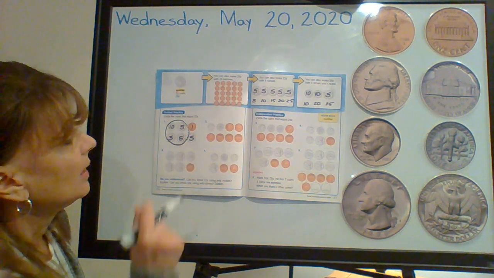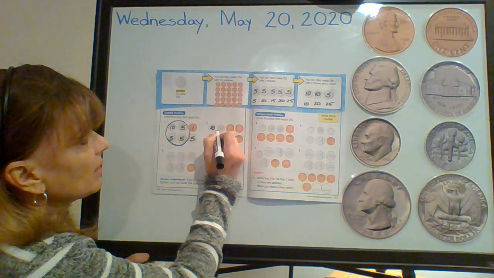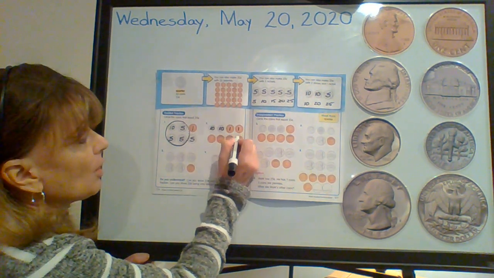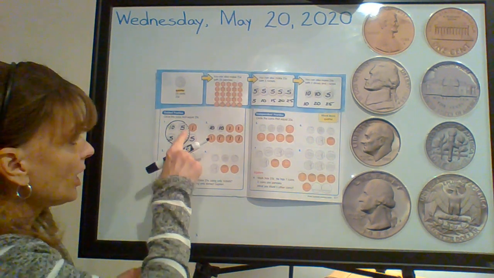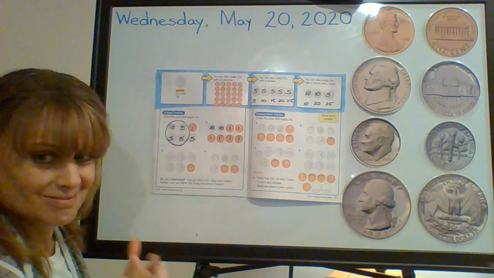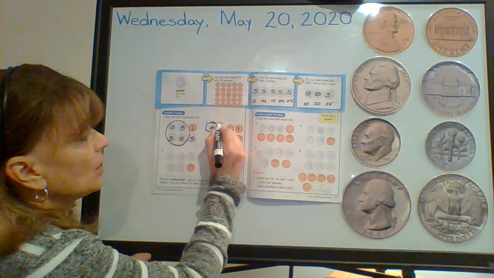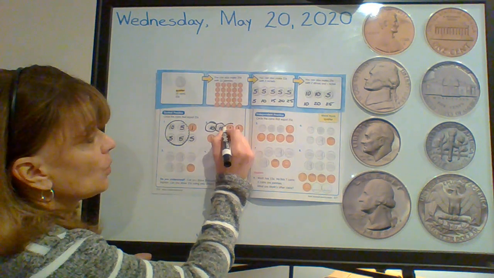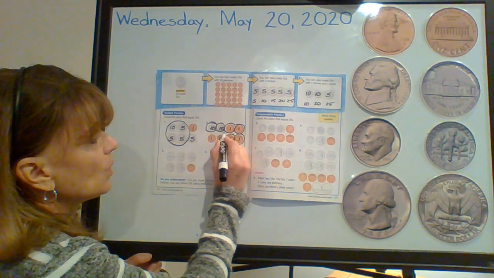Okay? Now in this one, well, this is a dime, 10, this is a dime, 10, and these are all pennies. So if it's hard for you to do it this way, do it singly. So I need 10, 20, 21, 22, 23, 24, 25.